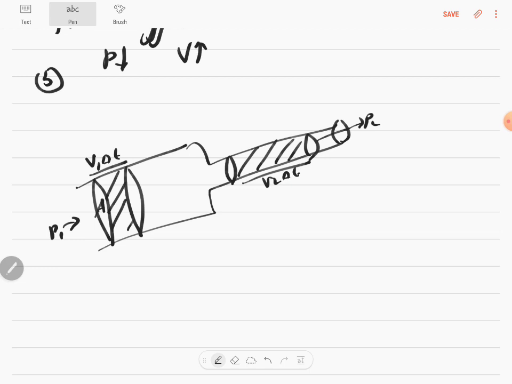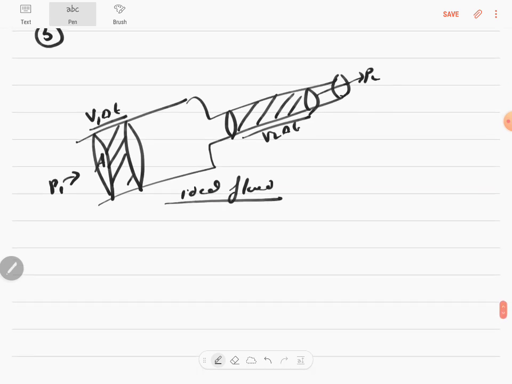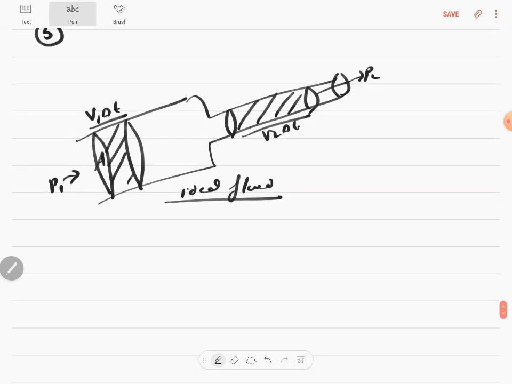We are considering an ideal fluid, which is incompressible, the density is constant, and there is no friction and no viscous force. These are the conditions for an ideal fluid. Using an ideal fluid, we are going to derive Bernoulli's equation. You should start with work done: the net work done is equal to the change in kinetic energy plus the change in potential energy.